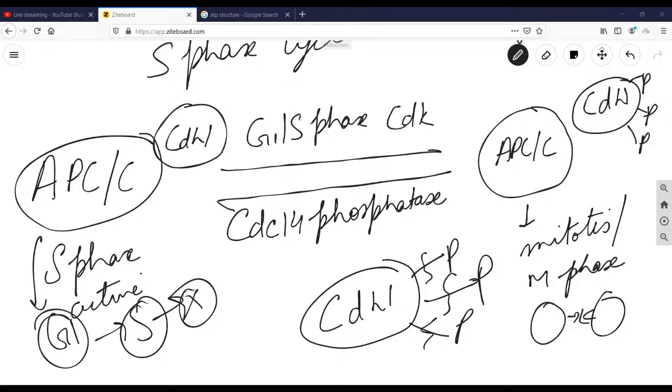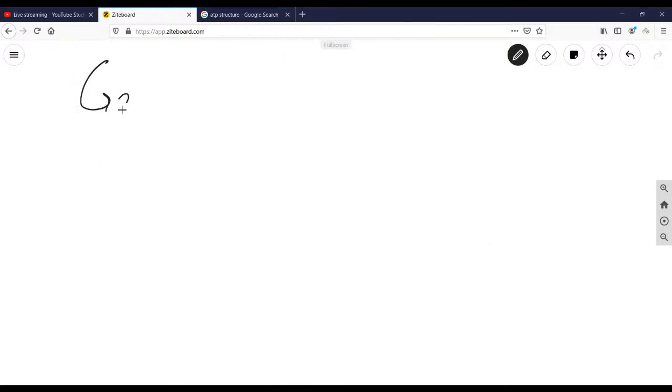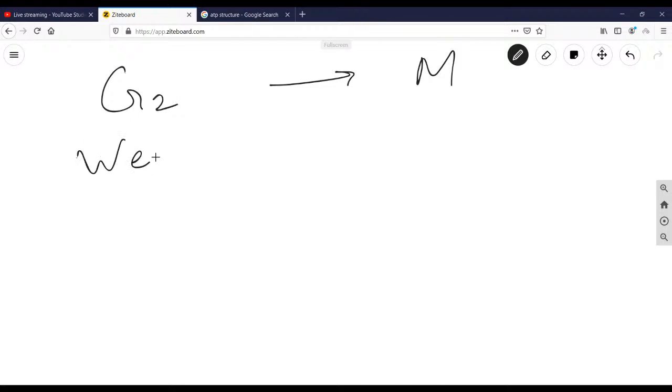The first kinase is known as V1. Here, for the G2 to M transition, there is a specific protein kinase known as V1 kinase, which will phosphorylate. Now V1 is a very specific kinase.